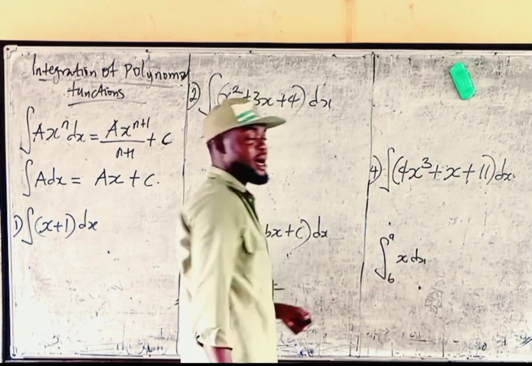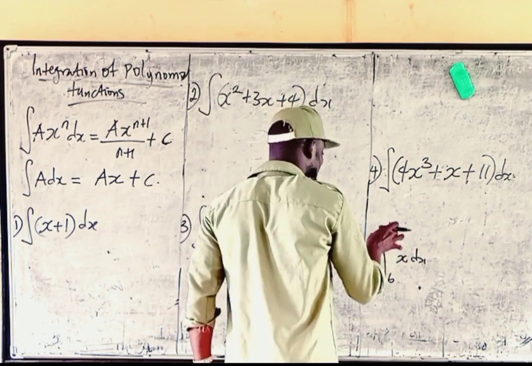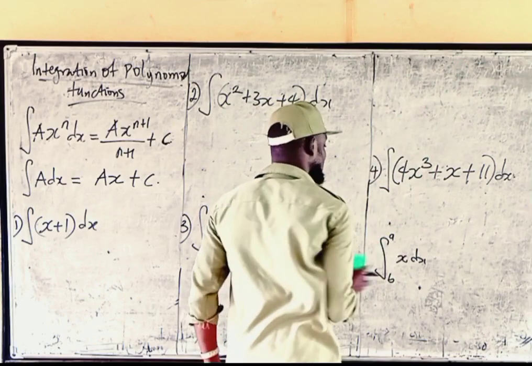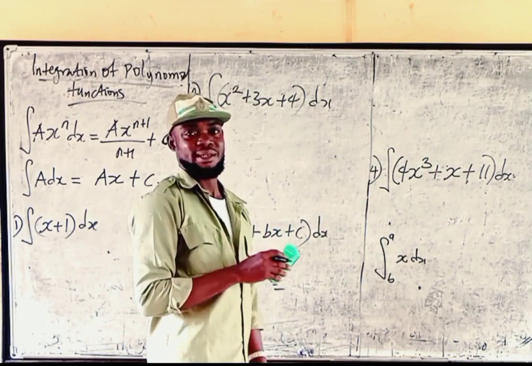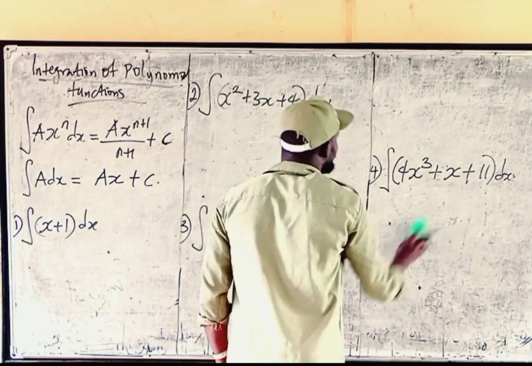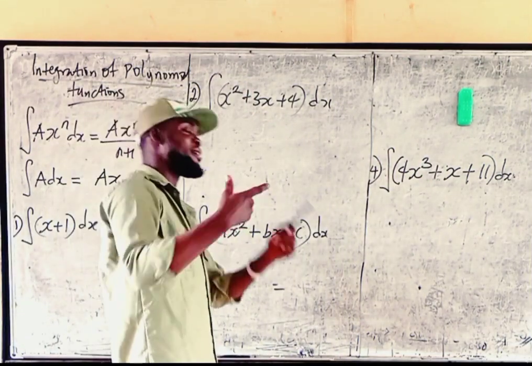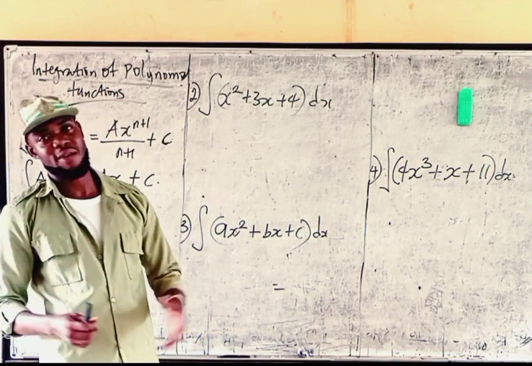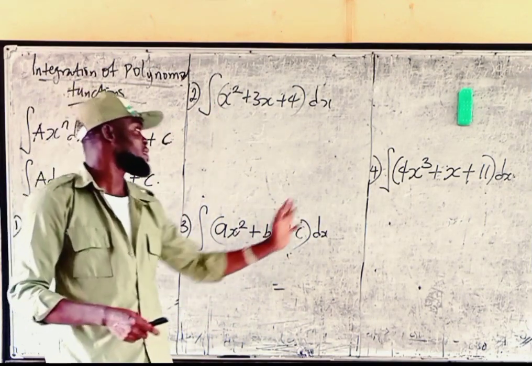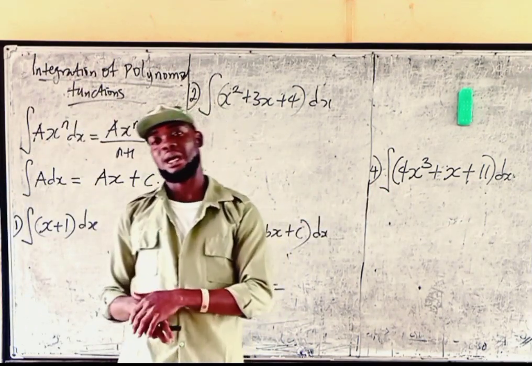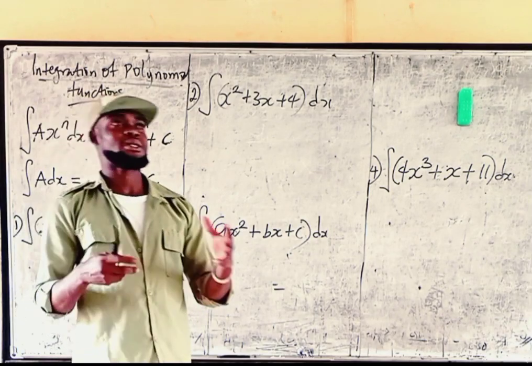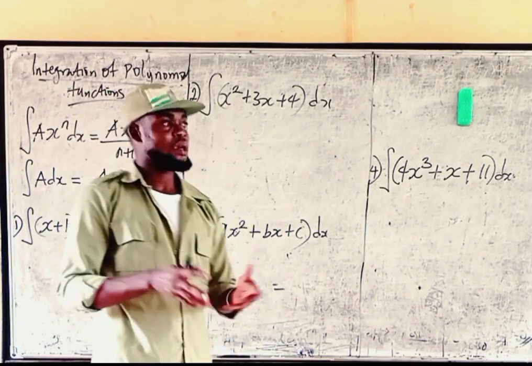The one that has upper and lower limits is called definite integration. And what we are doing now, which doesn't have any limit, is called indefinite integration. So if you solve indefinite integration, you must have plus c at the end, so that you know that we have added the integration constant.